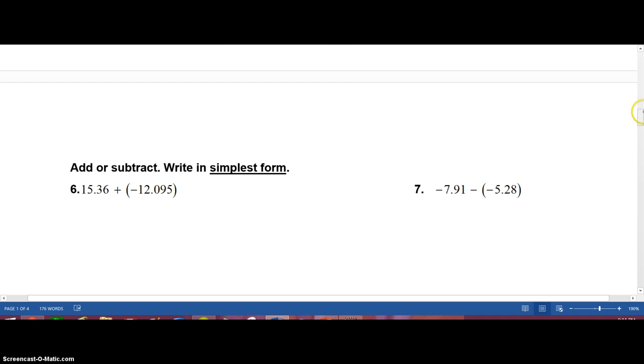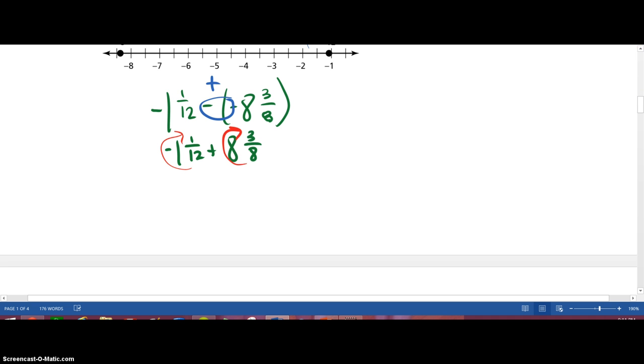And when I do that, I'm going to have negative 13/12 plus 67/8. Remember, we use that big C method. We take our denominator, multiply it by our whole number, and add it to our numerator to find the new numerator.